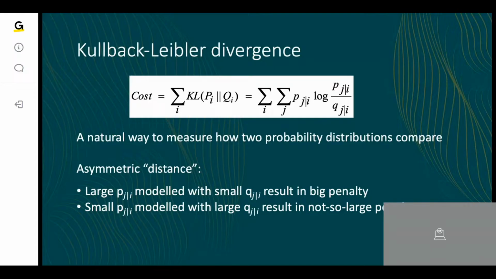So this asymmetric distance allows us to model that if there was a large probability in P which was modeled with a small probability in Q, it will result in a big penalty, and vice versa, a small probability in P modeled with a large probability in Q would not result in such a large penalty.